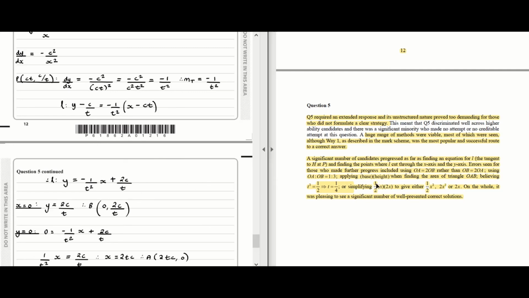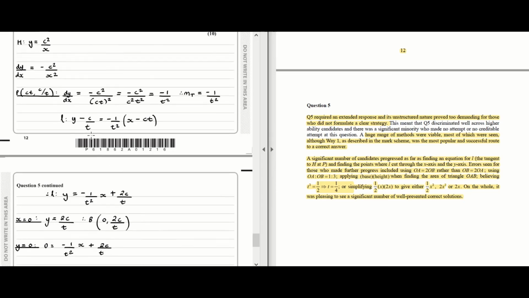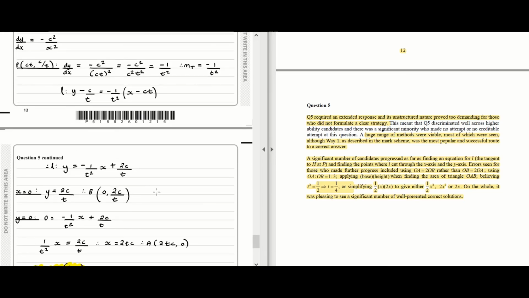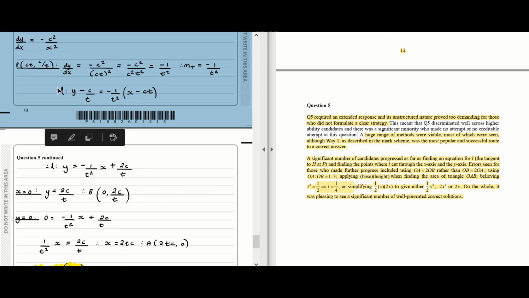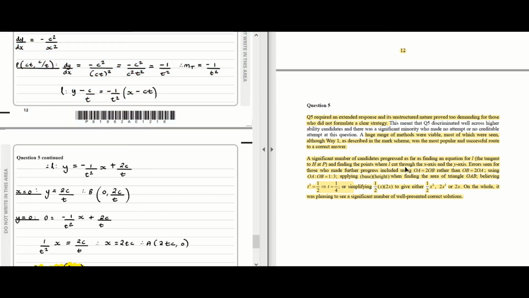A significant number of candidates progressed as far as finding an equation for L, so they came to this stage pretty well. Then with that, they could find out where L cuts the x-axis and the y-axis. Errors seen for those who had made further progress included OA equaling OB, and remember it was the other way around.